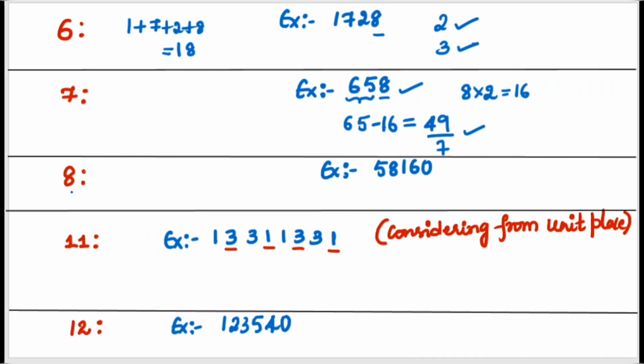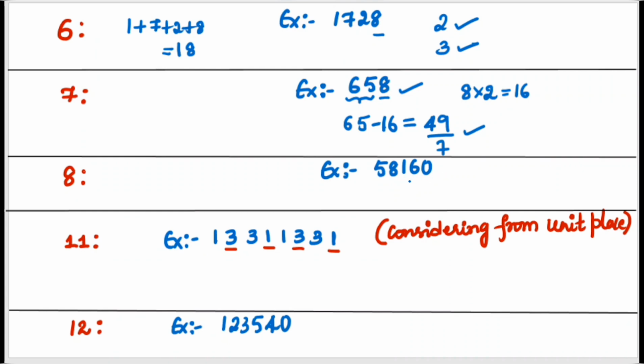Let us move on to the next number, 8. What is the divisibility test for 8? The last 3 digits should be either 000, or the number formed by the last 3 digits should be divisible by 8. Then the complete number is divisible by 8. Here, for the first condition, the last 3 digits are not 0, so leave that.